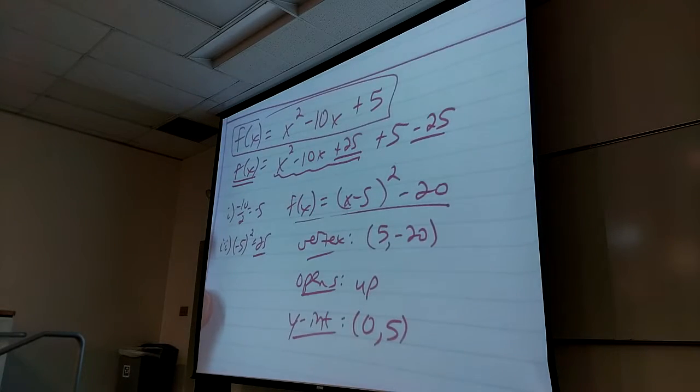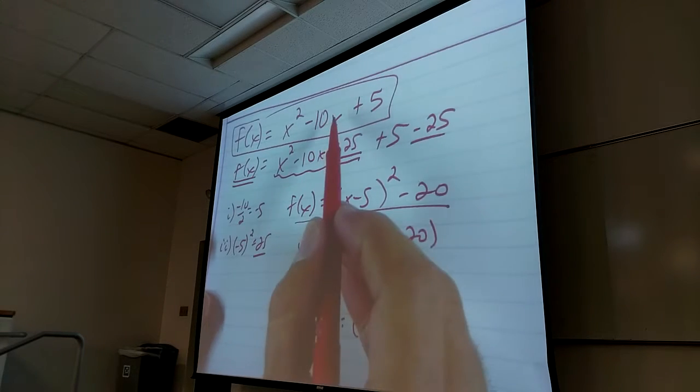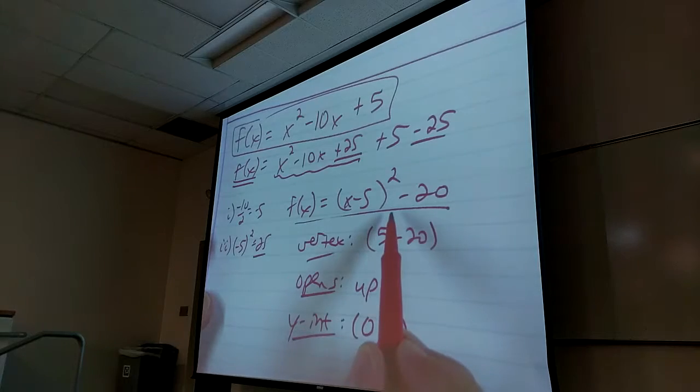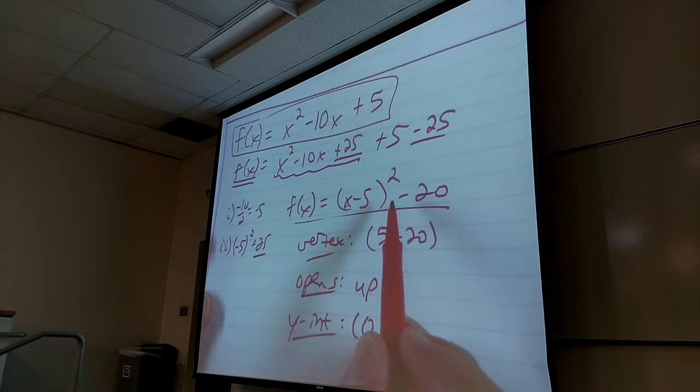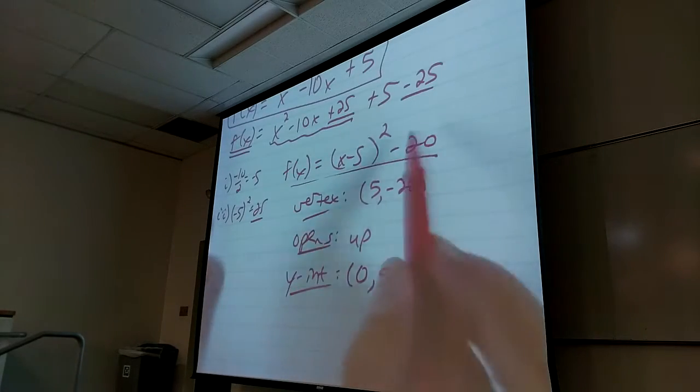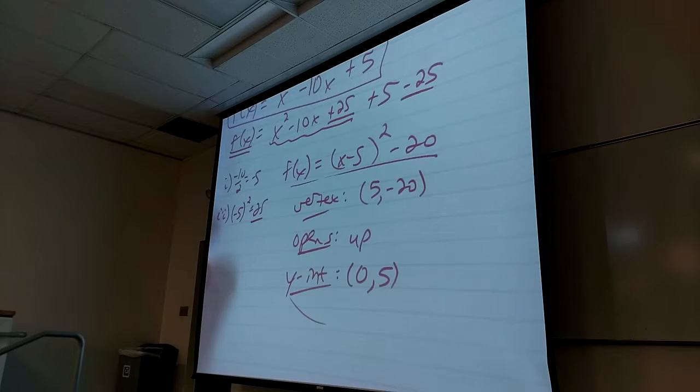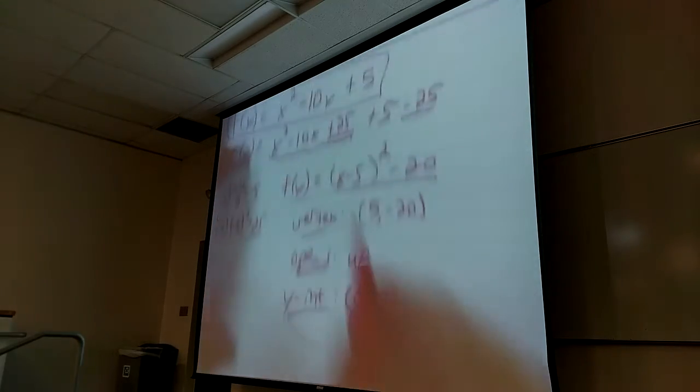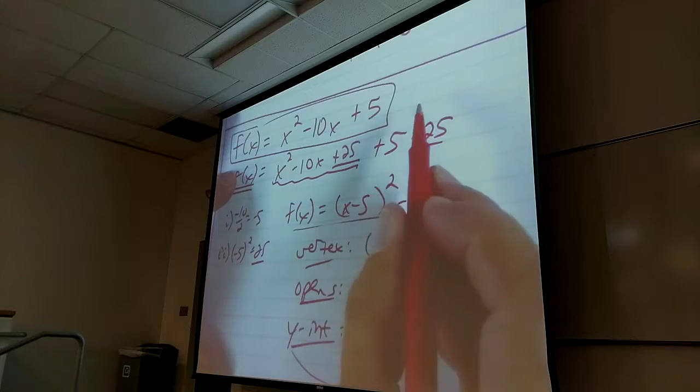All right, how are you guys feeling about just the idea of how to get that to look like this? That's one skill. And then how to interpret this down here, that's another set of skills. Up here, just move that 5 over a little bit.